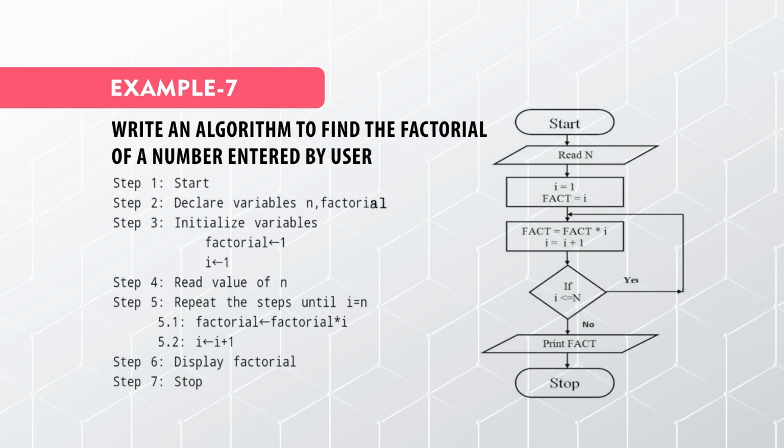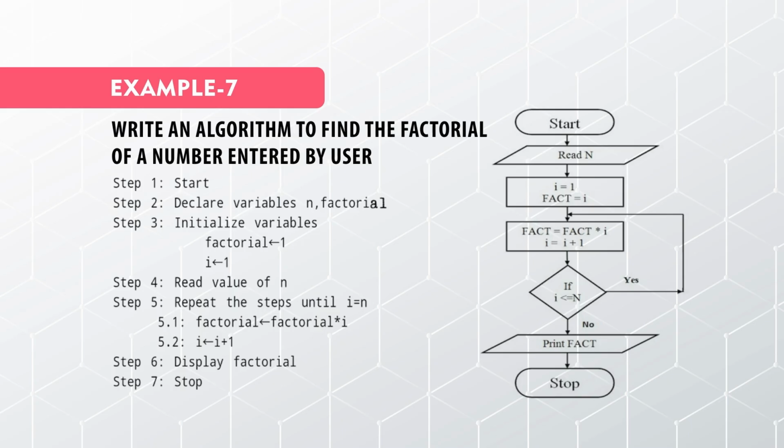Now I is equal to the number entered by the user, but this step will be executed one more time, that is 2 into 3, so this is 6. Now I is equal to 4, so I is not equal to n. So the answer of factorial, 1 into 2 into 3, that is 6, is displayed as the output. Let's map this algorithm into the flowchart.